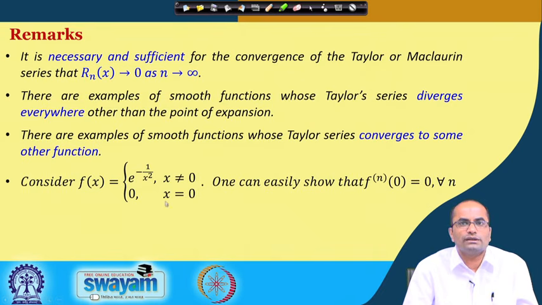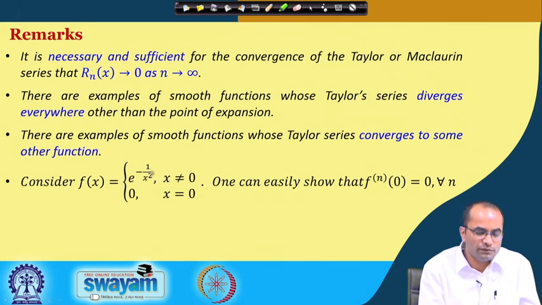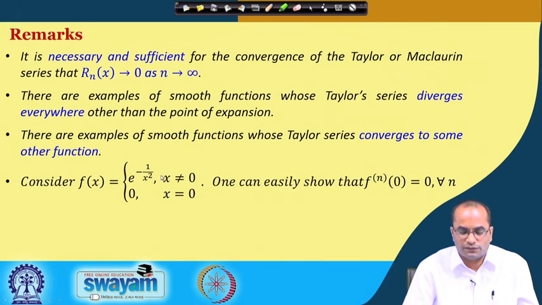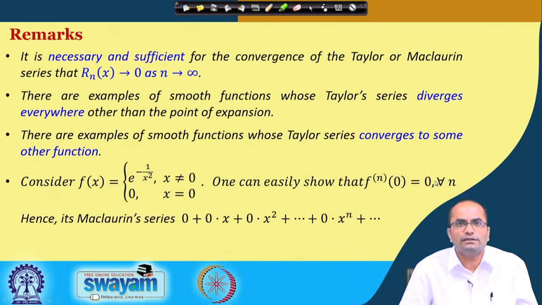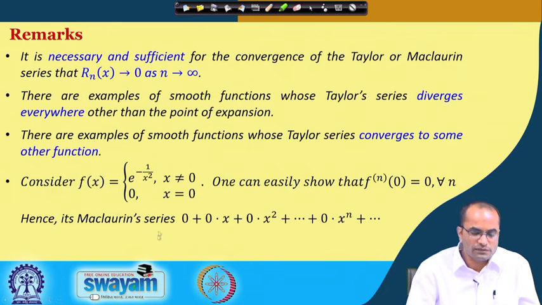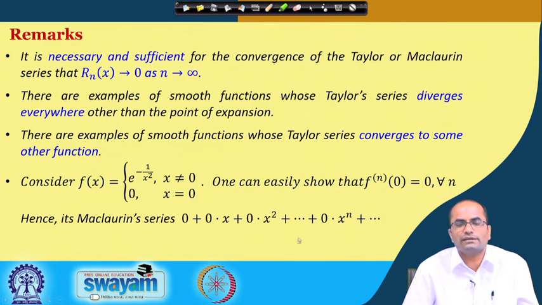In this case one can easily show that f^(n)(0) is 0. If we take the derivatives of this function e^(-1/x^2), I am not doing these calculations, but one can easily compute that all the derivatives of any order of this function at 0 will be 0. Then if we write the Maclaurin series around x equal to 0, because all the derivatives are 0, we will get 0 plus 0 into x, 0 into x squared and so on.